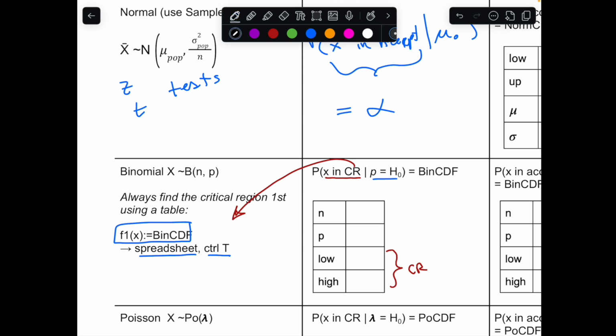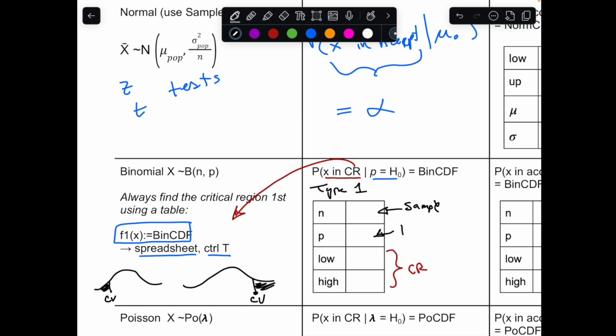But let's say you've used that to figure out your critical region. If you have a lower tail test, your critical value will be over here. And if you have an upper tail test, your critical value will be over here. So then when you're calculating the probability of a type 1 error, you're going to enter your sample size n.